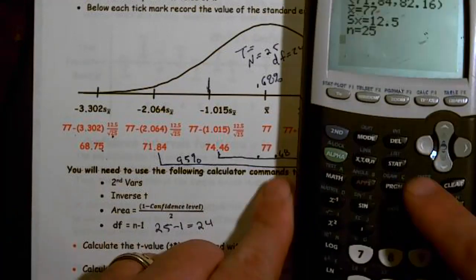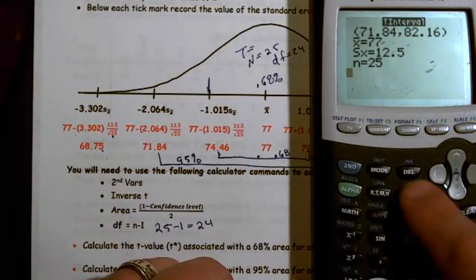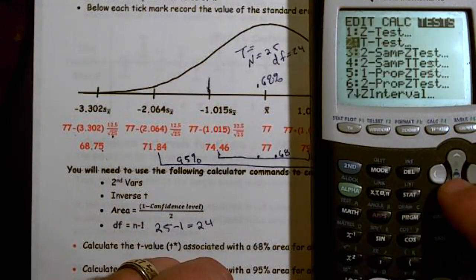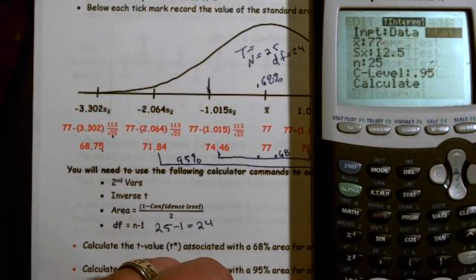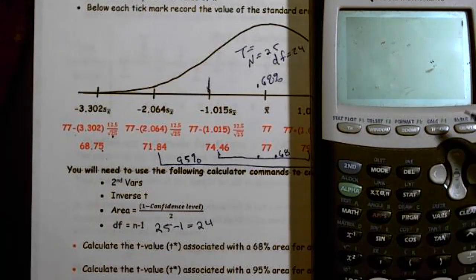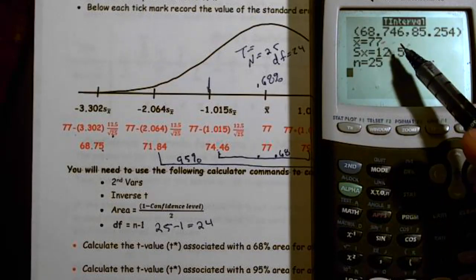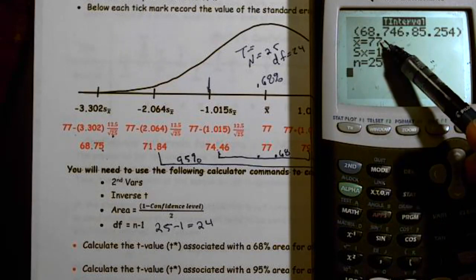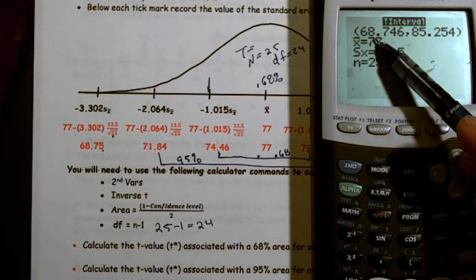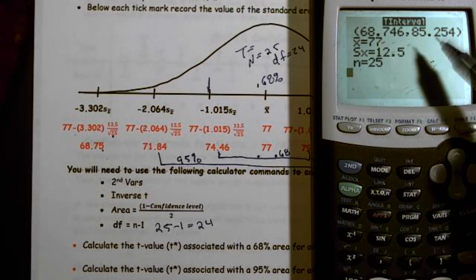And then we can come back and go stat, test, and go to number 8, t interval, 0.997. And in this case, we're 99.7% sure that it lies between 68.7 and 85.25.